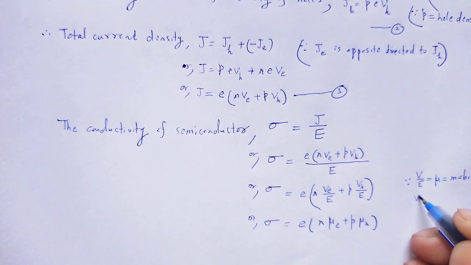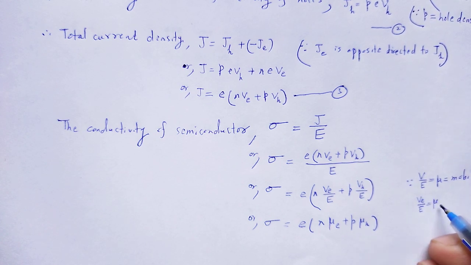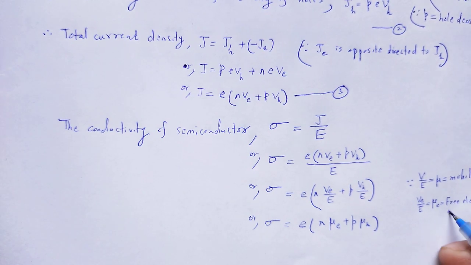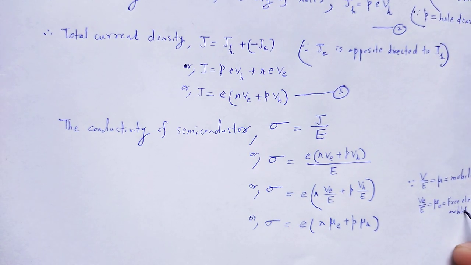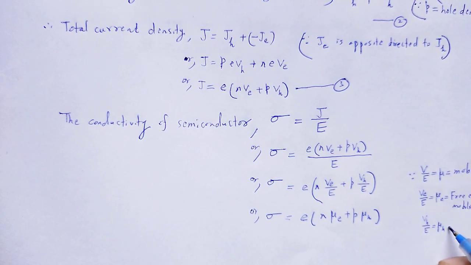Similarly, V_E by E is mu_e, mobility due to free electrons, which is named free electron mobility, and V_H by E is mu_h, which is hole mobility.